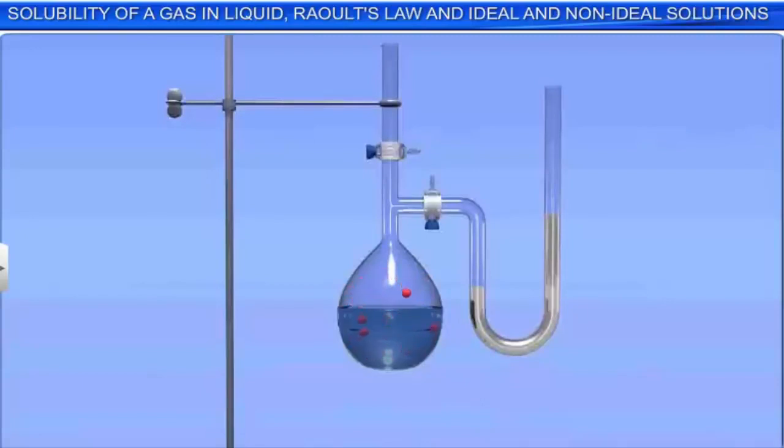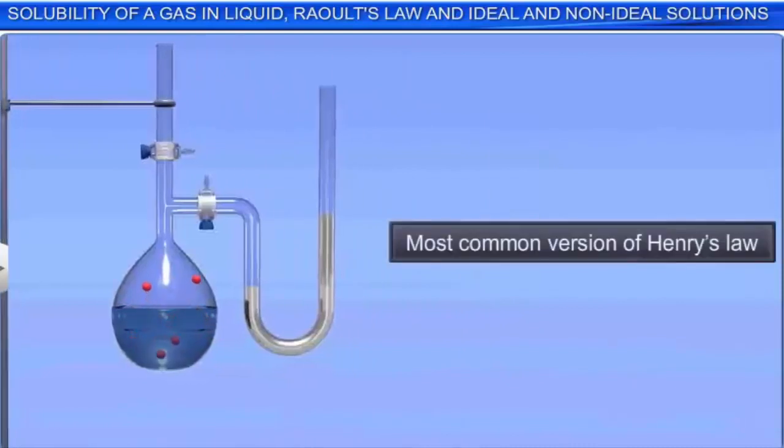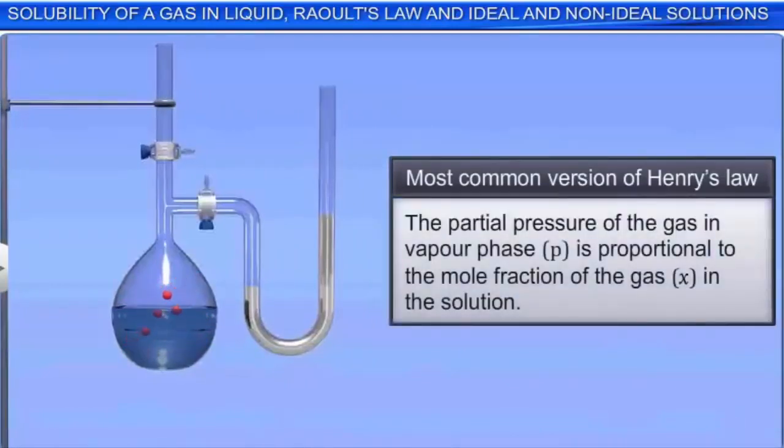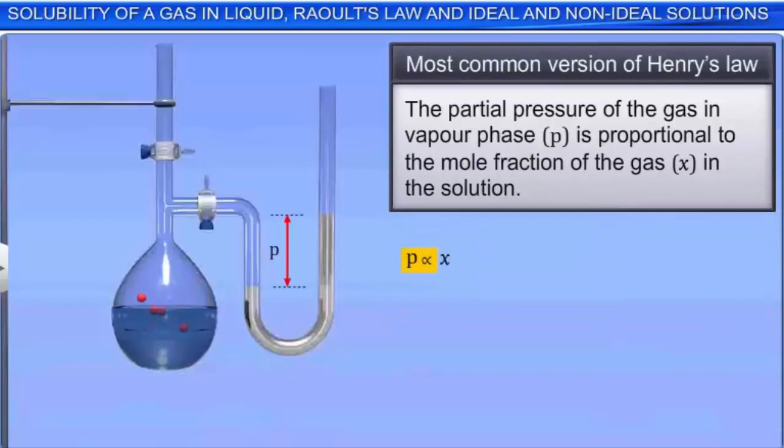However, the most commonly used version of Henry's law is: the partial pressure of a gas in vapor phase, P, is proportional to the mole fraction of the gas, X, in a solution. Mathematically, it can be represented as P is proportional to X, or P = KH X, where KH is the Henry's law constant.